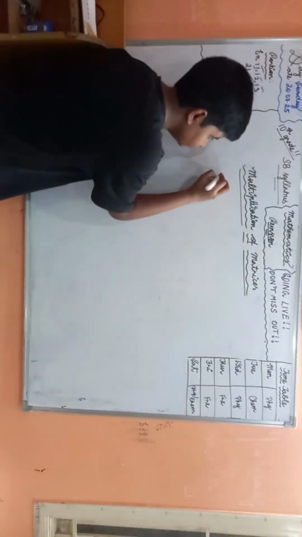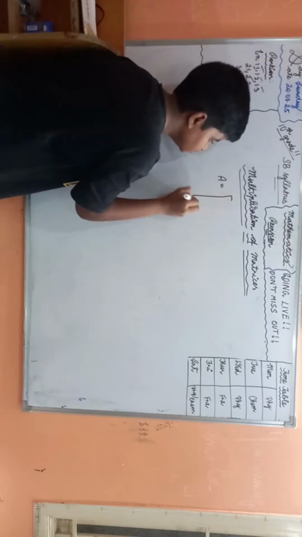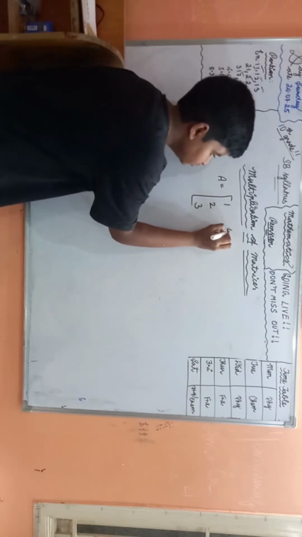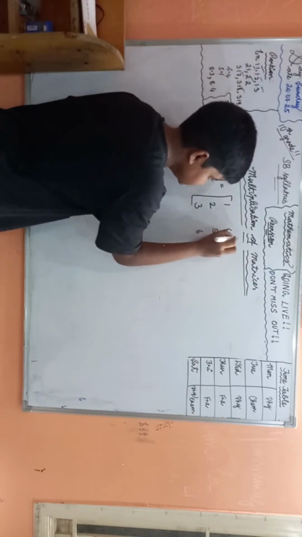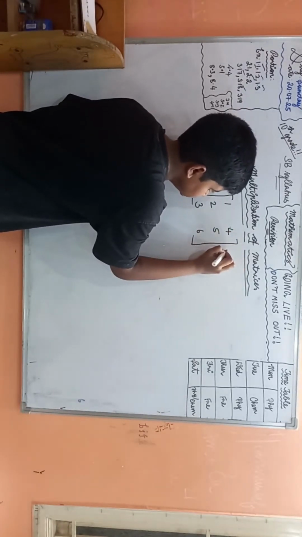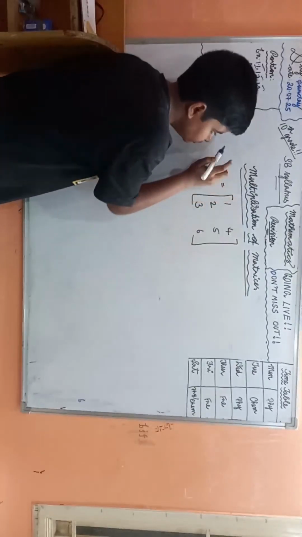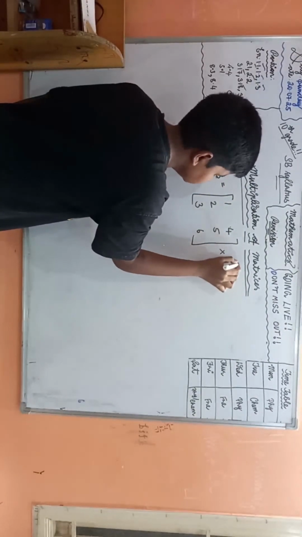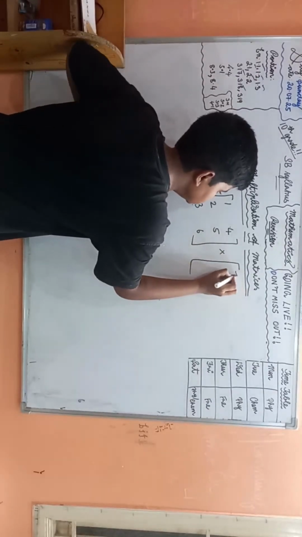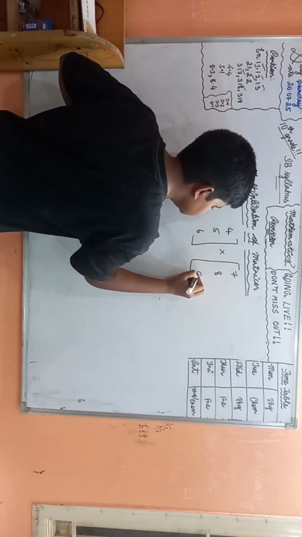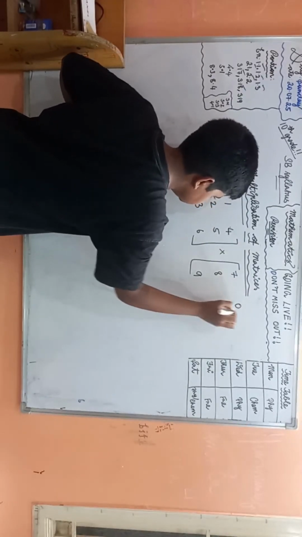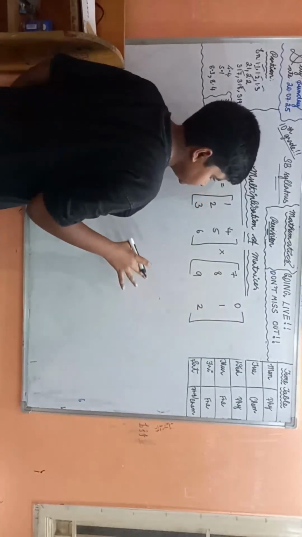So if they give A is equal to 1, 2, 3, 4, 5, 6, they give you A into B, 7, 8, 9, 0, 1, 2. I'll teach you guys how to multiply.